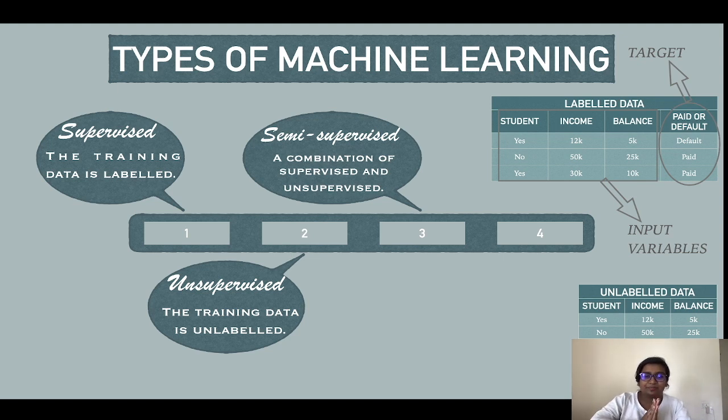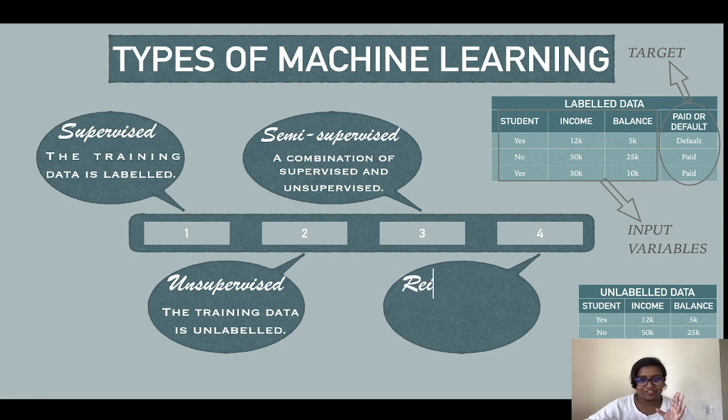So its application is limited. There's a boundary for its application, so you can't use it for a wide range of applications. To overcome these two problems, we introduce semi-supervised machine learning, which has low cost as well as a wide range of applications. Next, what we're going to see is the fourth type of machine learning, reinforcement learning.